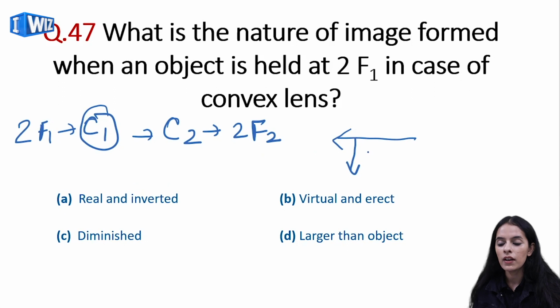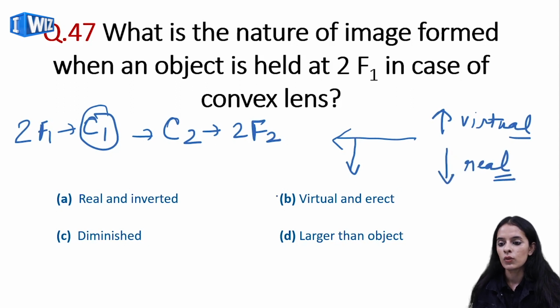Downward is called inverted, and the image formed is called real. So what is the right option? This one, option A.